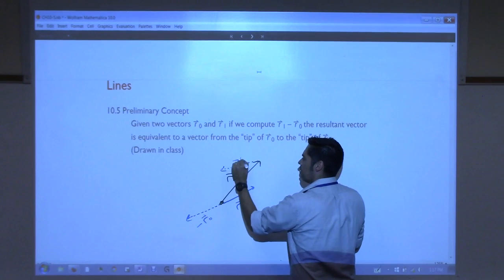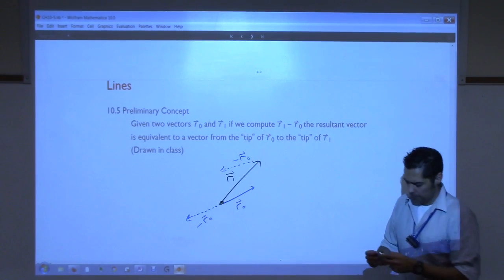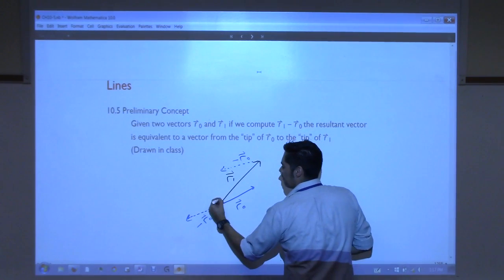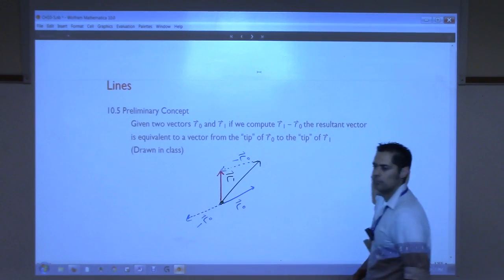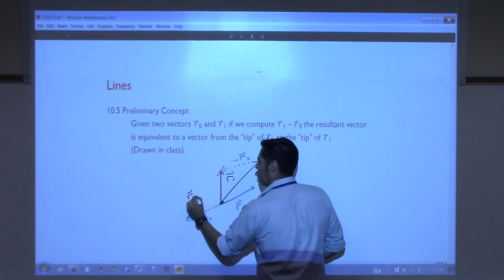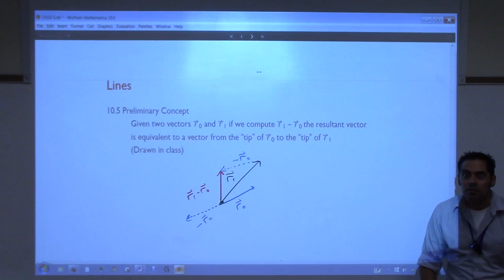Okay, that's negative R0. So notice that the resultant vector goes from here to here. You all see that? That's the result. This is R1 minus R0. You all following me? You all are looking at it?